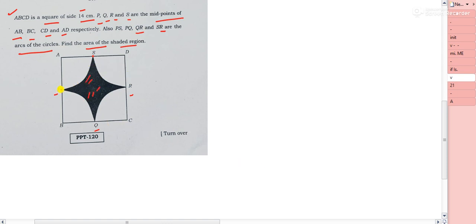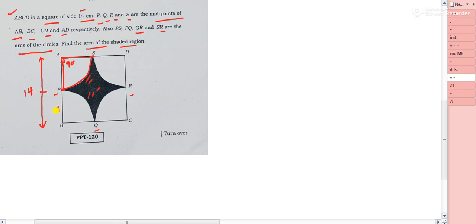So if these two are joining the midpoints, correct? What does it mean? The angle over here is how much? 90 degree. So this is forming a sector, okay? Where this length, if you see, the total is 14 everywhere. It is a square, so everything is 14 here. All the sides are 14. So these midpoints will divide it into two.